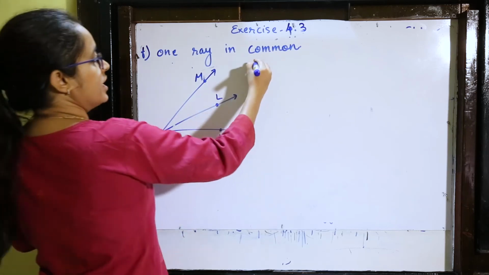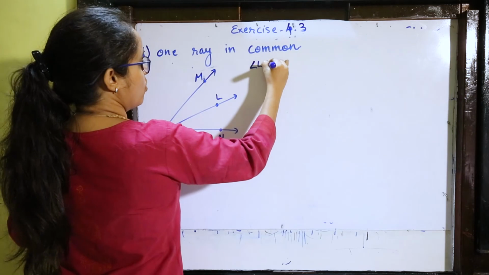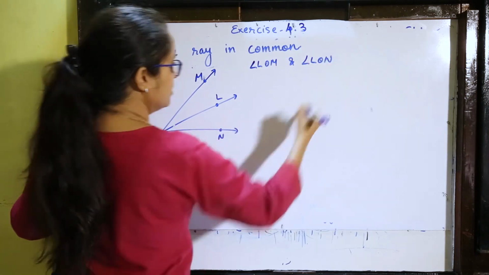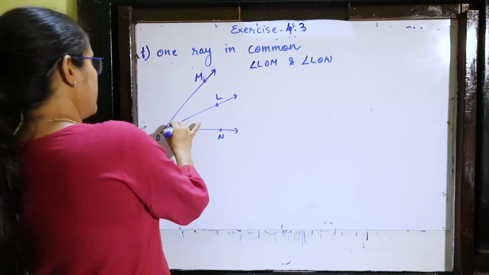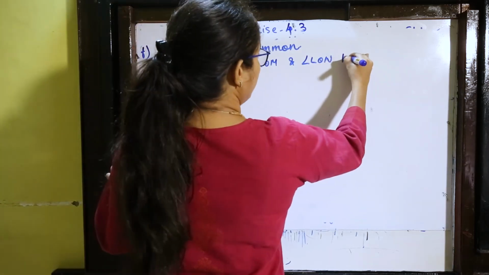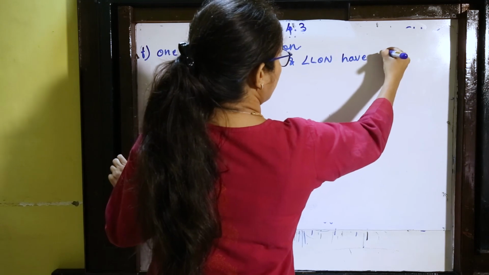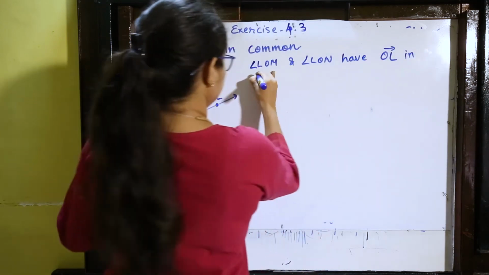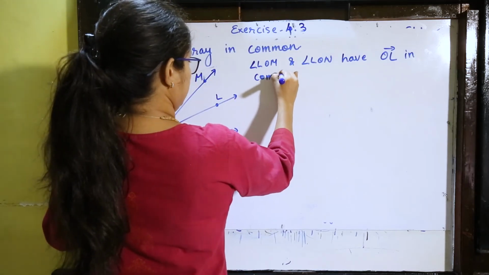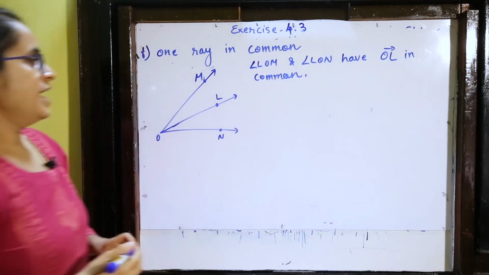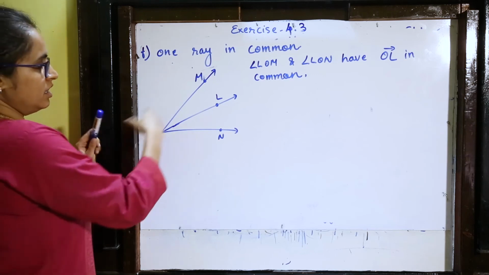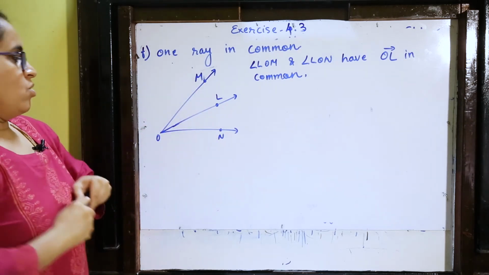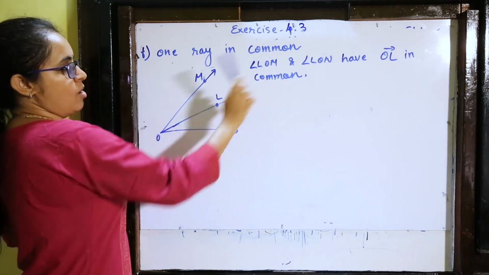Okay, so in angle LOM and in angle LON, ray OL is in common. This means that in angles MON and LON, ray OL is common.